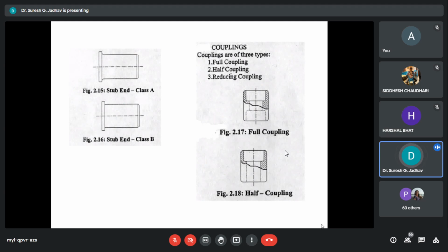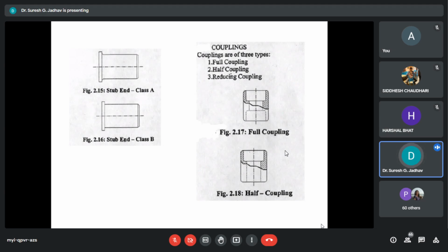Stub ends are used with the backing flange for flange joints when exotic materials are used in piping. For this purpose, we can use stub ends to reduce the cost of piping.